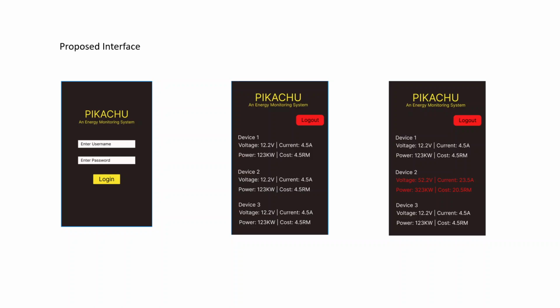But when one of the devices runs abnormally or uses more power, the interface will look like this, the red one. It will notify the user that something is wrong with this device.